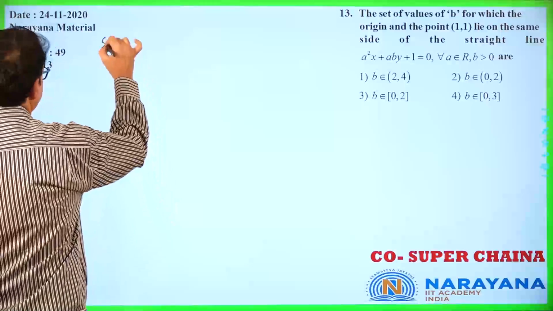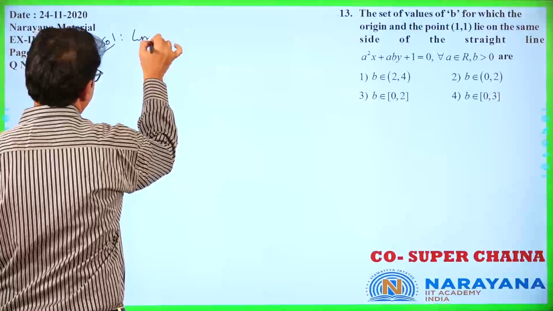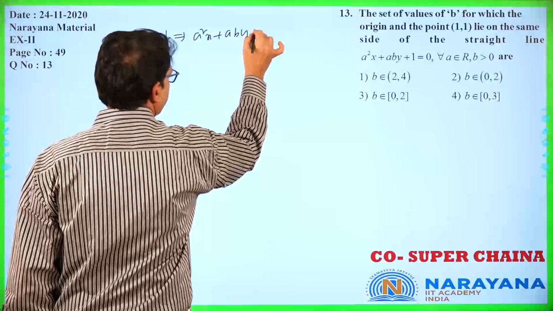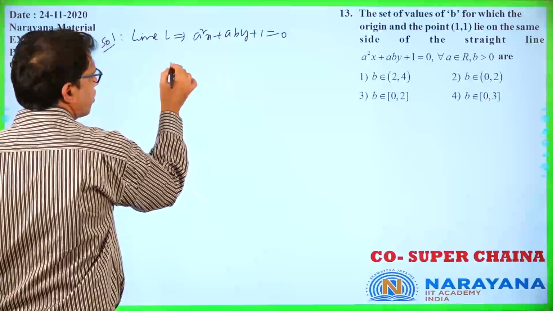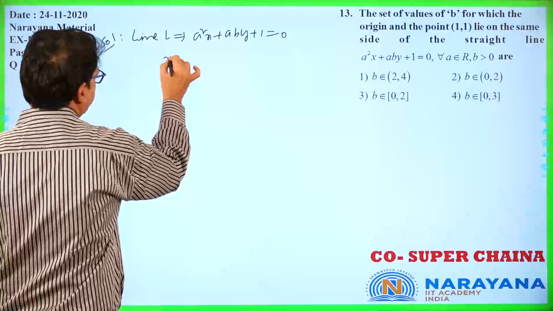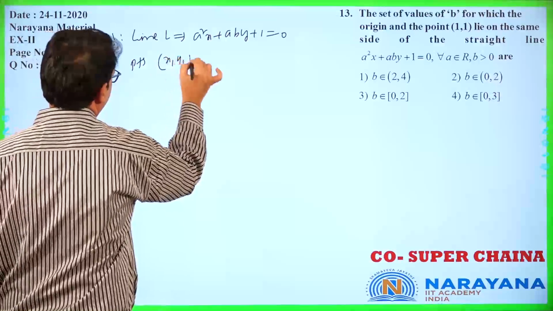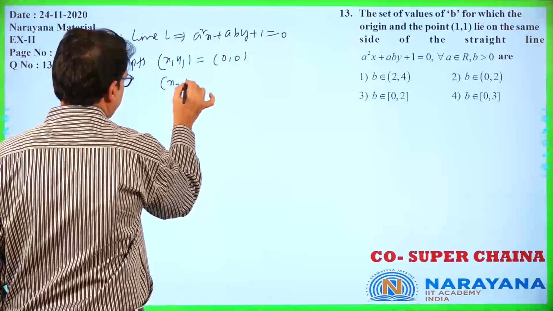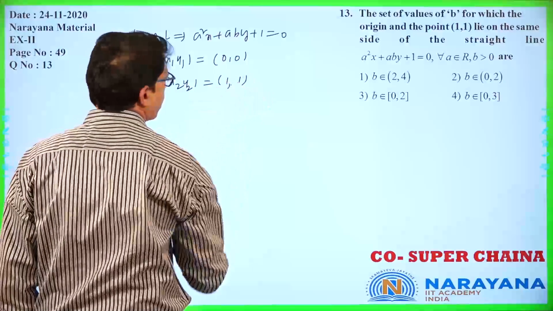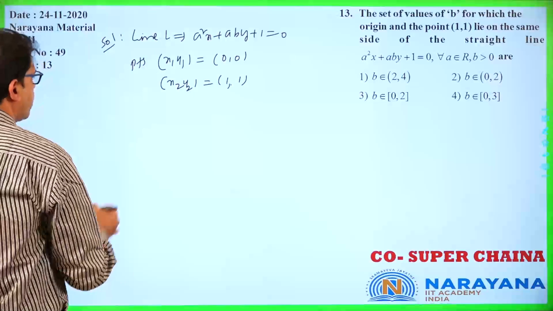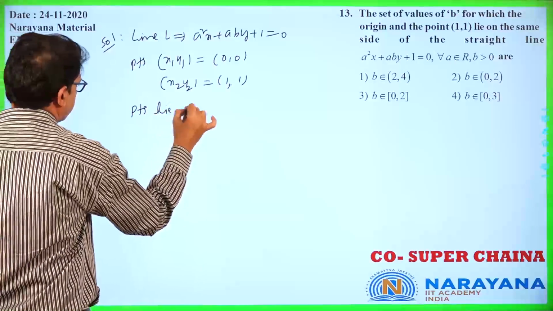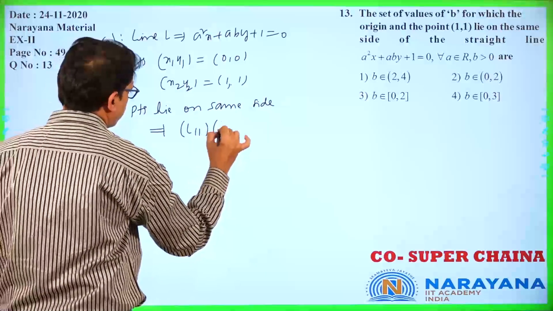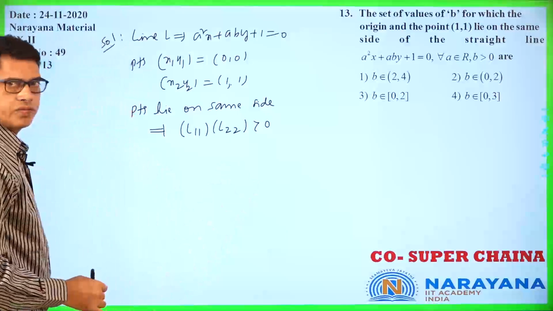Here the given line L is a square x plus aby plus 1 equals 0. The points are the origin (x1, y1) equals (0, 0) and another point (x2, y2) equals (1, 1). Since the points lie on the same side, L11 into L22 must be greater than 0.